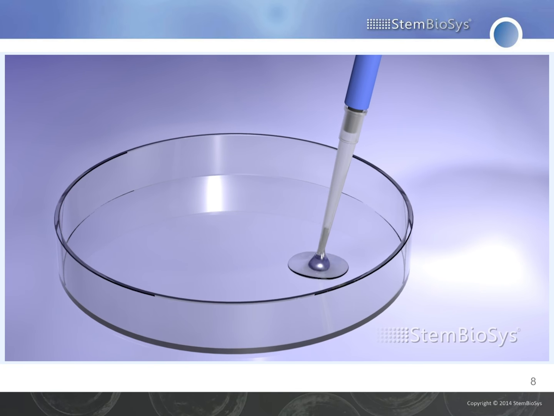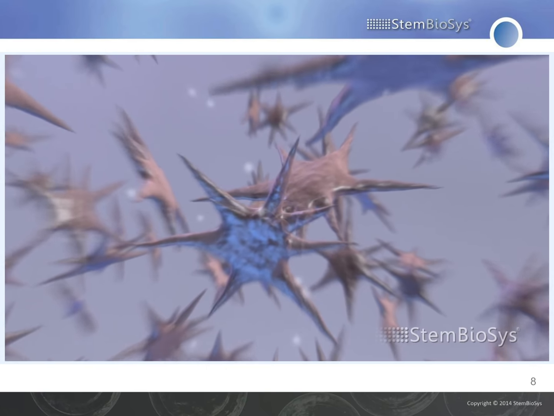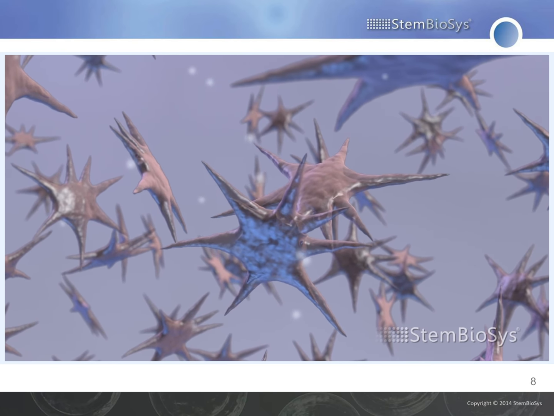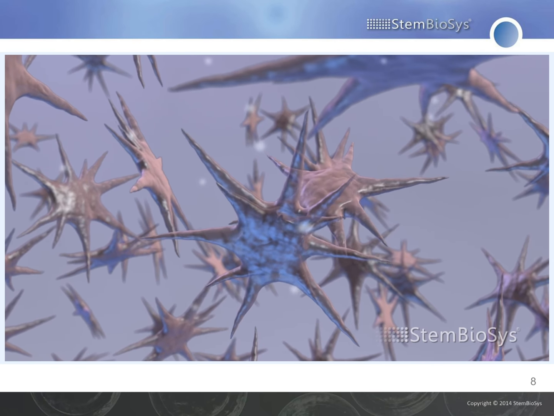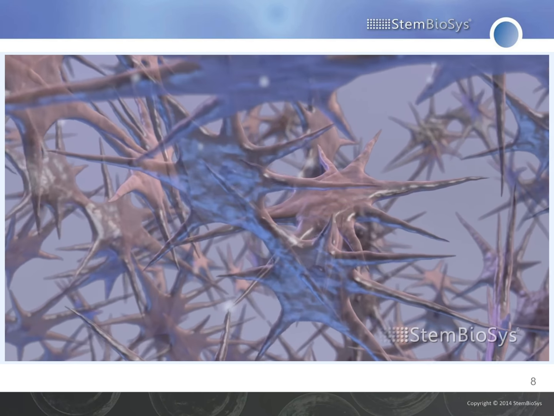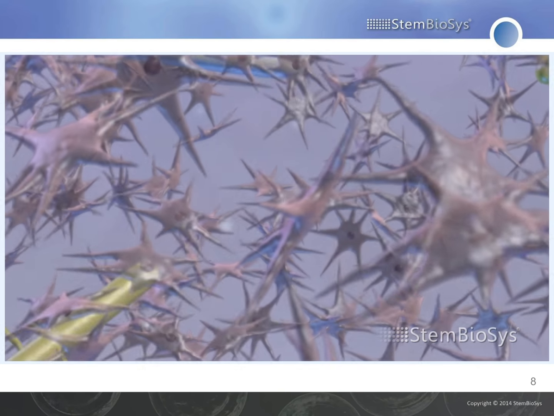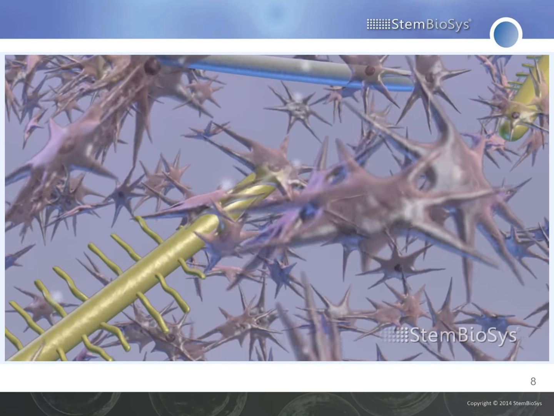These cells, along with a custom cell culture medium, are then added to a standard cell culture dish. The cells begin to divide, thereby increasing cell numbers and fully covering the surface of the cell culture dish or substrate. The cells are then stimulated to produce an extracellular matrix.